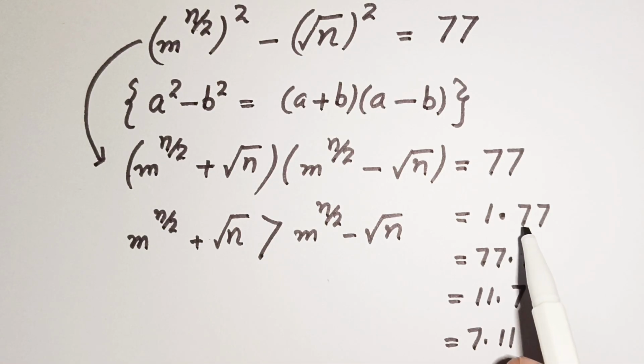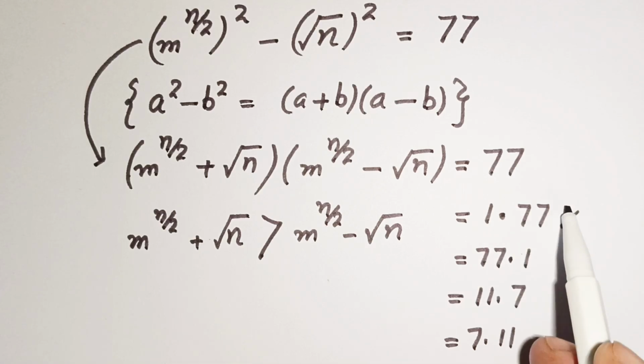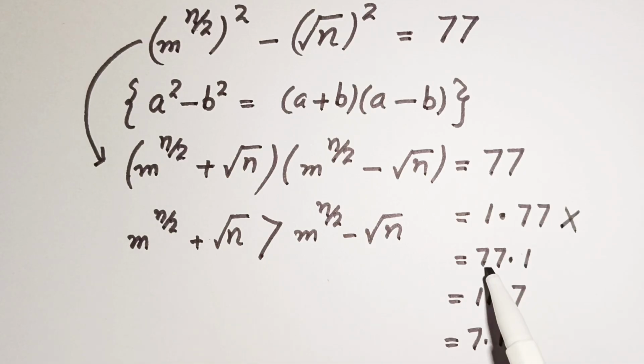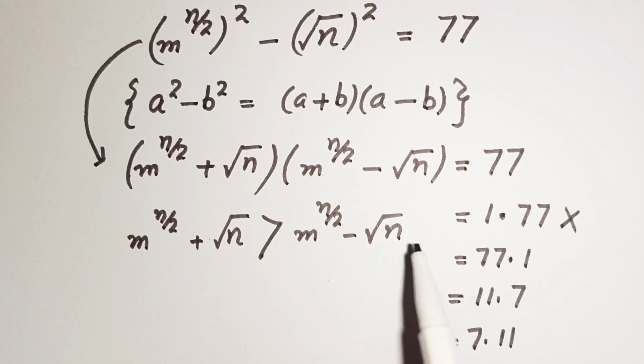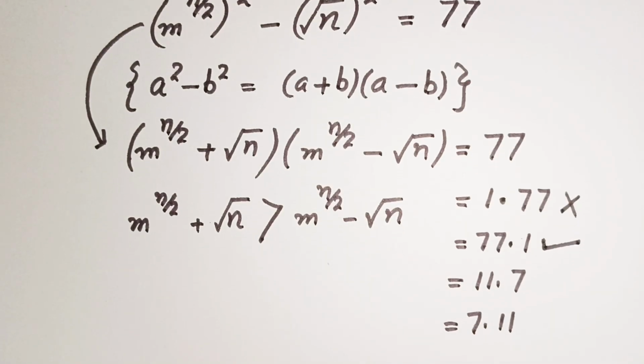In this factor, the first one is smaller, so we are going to reject this. Similarly, 77 is greater, then 1 is smaller, so it is the factor of our m to the power n over 2 minus square root of n, it will be equal to 1, so it is the smaller factor. Now this factor is a valid solution.